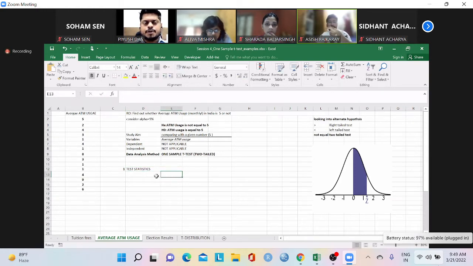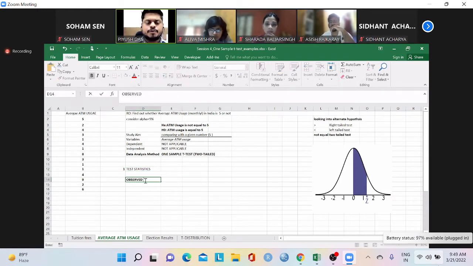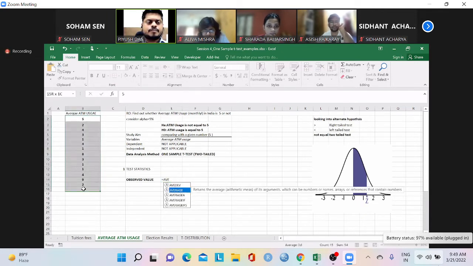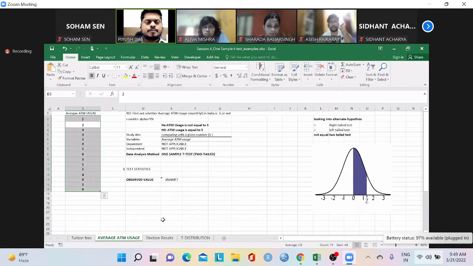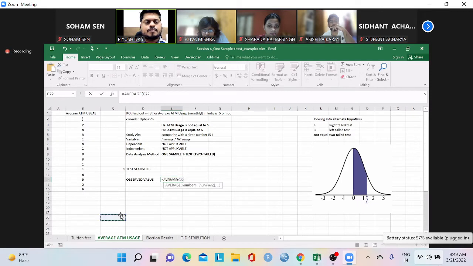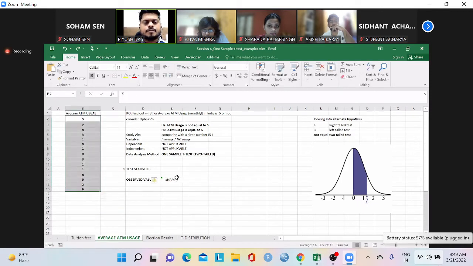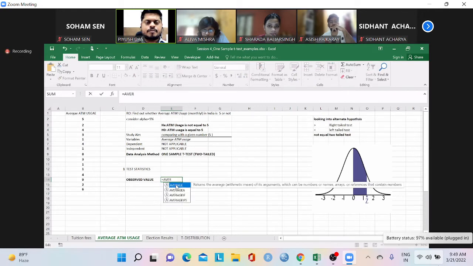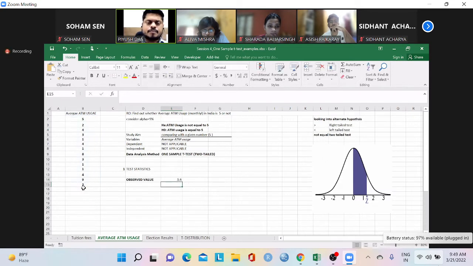Test statistics is nothing but your observed value, whatever you observe from your sample, that is nothing but your sample mean. 3.6, expected value, 5.